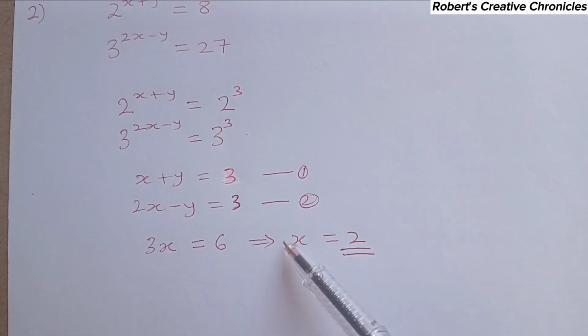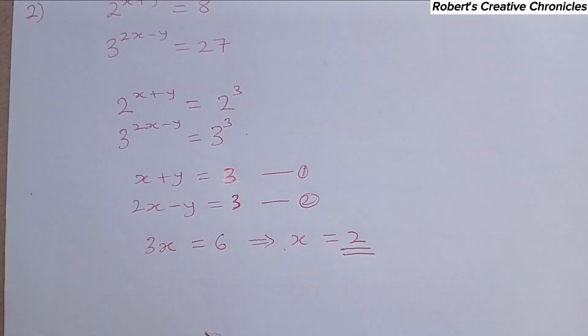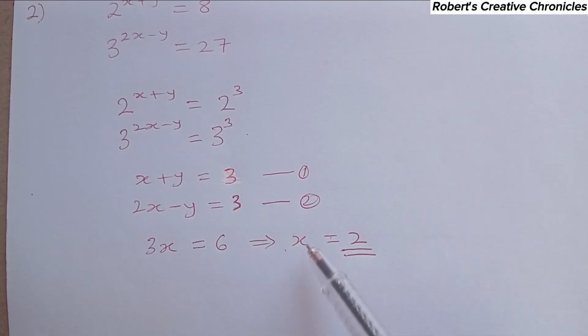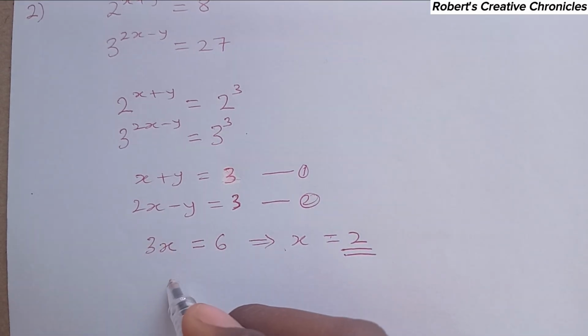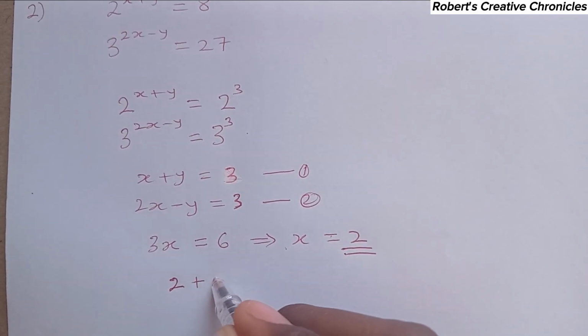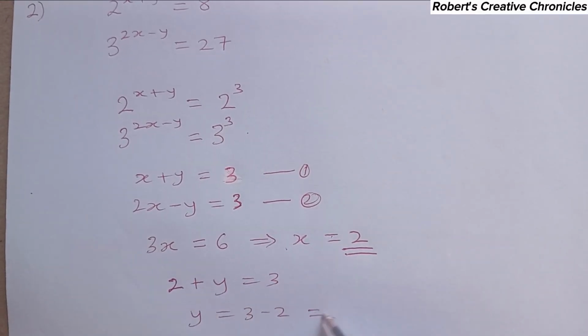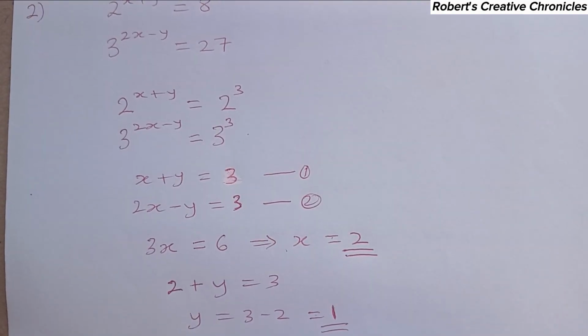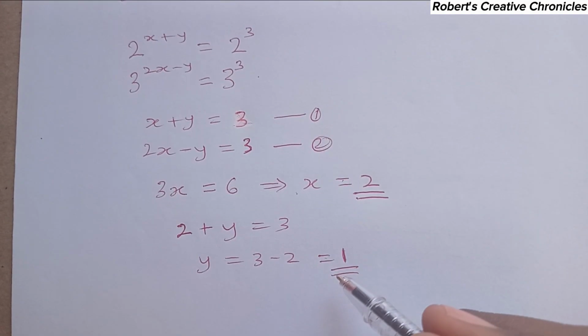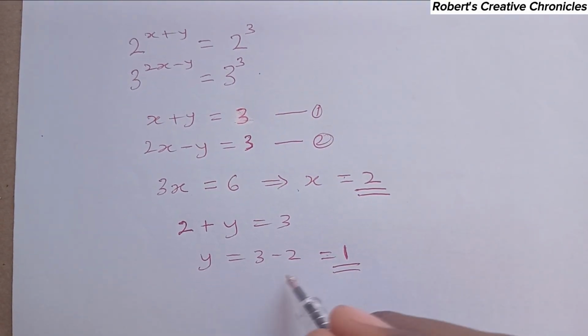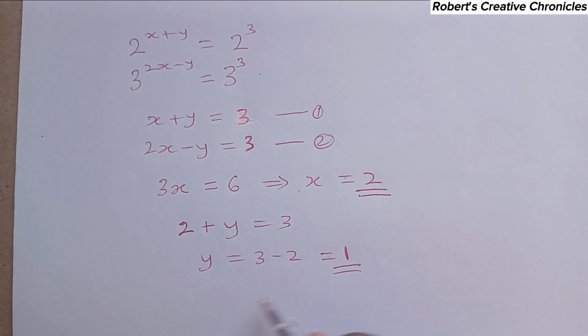So we can use the substitution method to find the second variable. Now let's substitute x into any of the equations. Maybe equation 1: 2 plus y is equal to 3. So y is equal to 3 minus 2, which is equal to 1. So now x is equal to 2 and y is equal to 1.